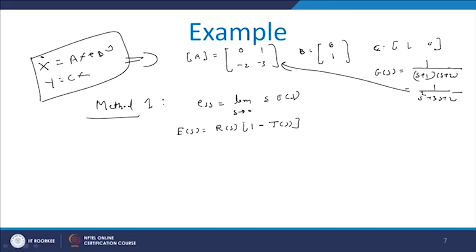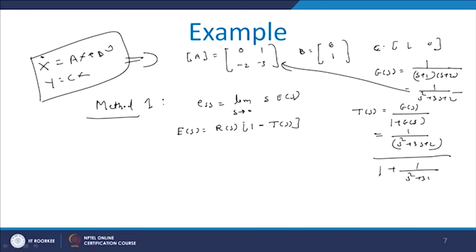So, this is the G(s). Now, here we want T(s), that means we have to determine the closed loop characteristic equation. So, T(s) equals G(s) divided by 1 + G(s). So, here 1 upon s^2 + 3s + 2 divided by 1 + 1 upon s^2 + 3s + 2.